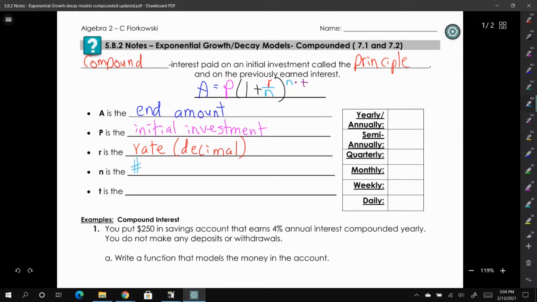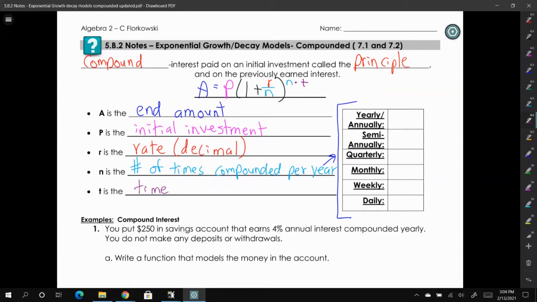N is the number of times compounded per year. And we're going to get that from these values that we're going to fill in here. And T, of course, is always our time. So a lot of the same information from the previous models, except this N value.